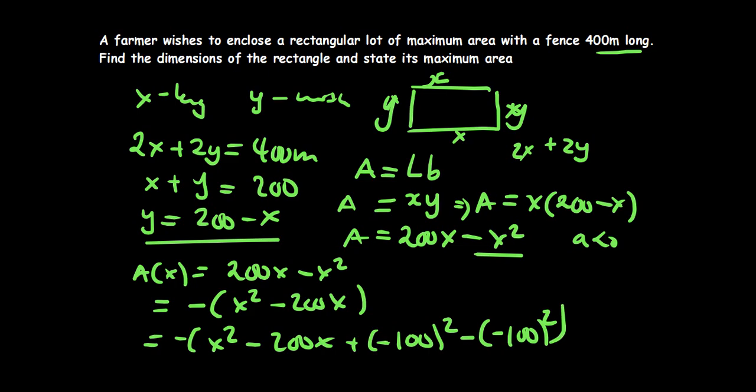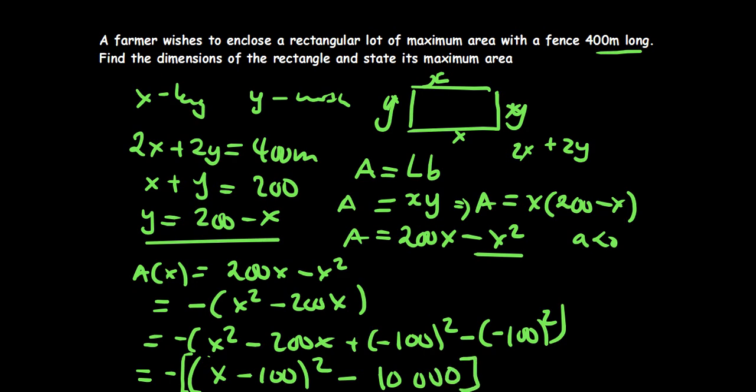So from here what we get is negative, then x minus 100, squared, then minus, when we square 100 we just get 10,000, like that.